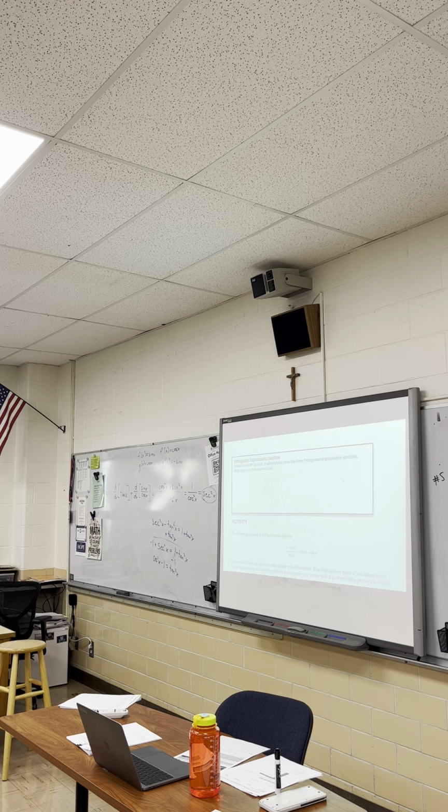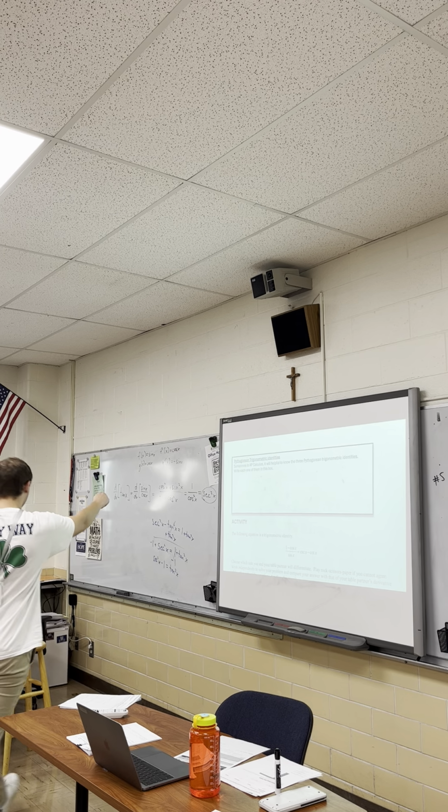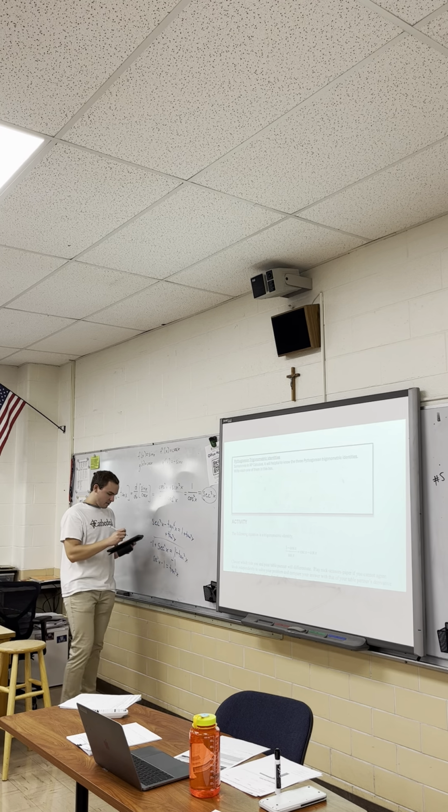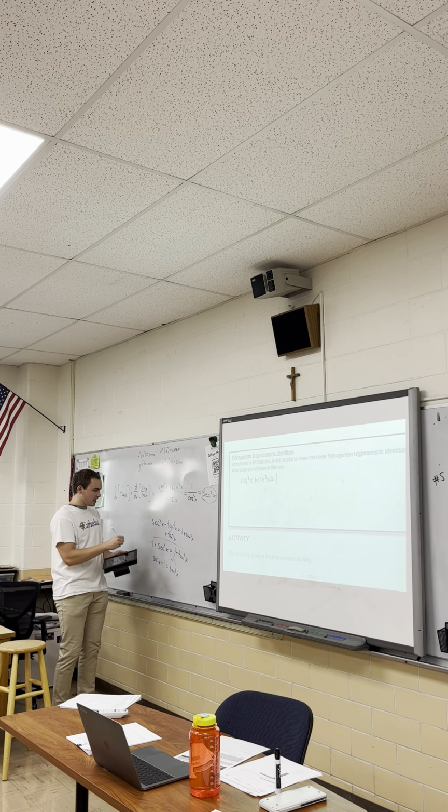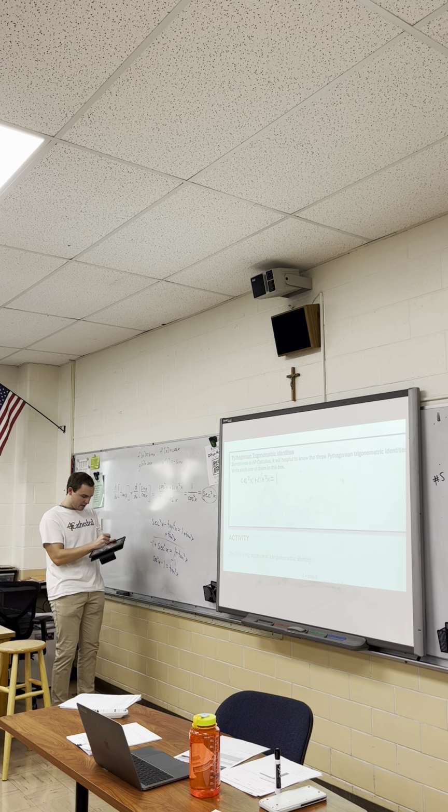So we wrote two of them right here on this board, right? Cosine squared plus sine squared, this is probably a pink sheet too. Cosine squared plus sine squared equals 1, right? We wrote secant squared minus tangent squared equals 1.